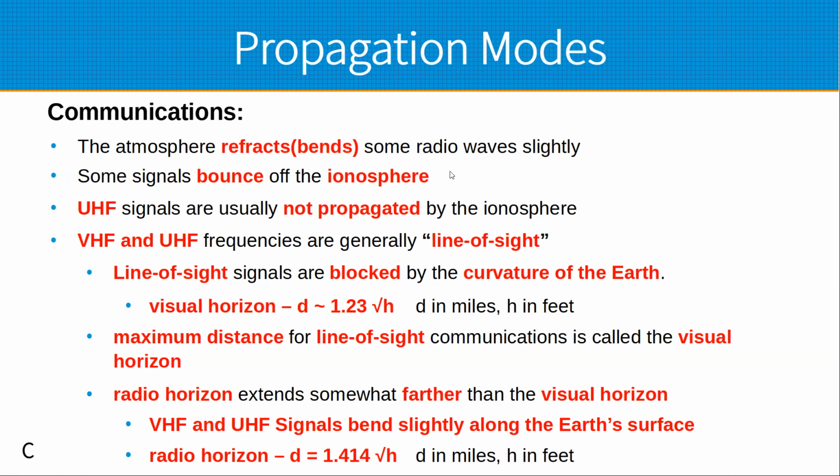So some of them will actually bounce off. Some will go straight through, like UHF and above. Typically, there's no refraction, at least that is my understanding. There's very little, some on VHF.